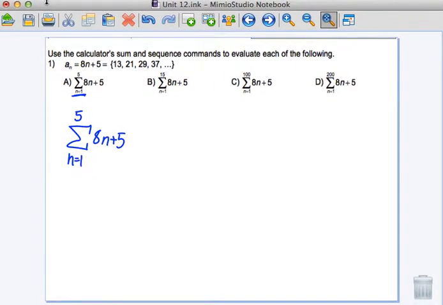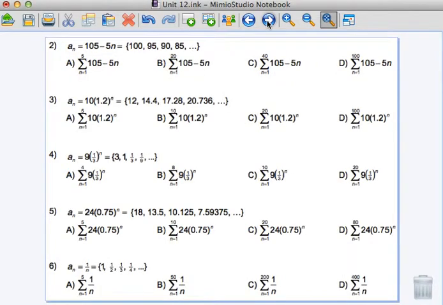I'm going to give you about 5 minutes to finish the front of this page. Basically, work with your groups. If you have 5 people in a group, I want everybody to pick 2 problems and do A, B, C, and D for both of those problems, and then share your answers with each other.